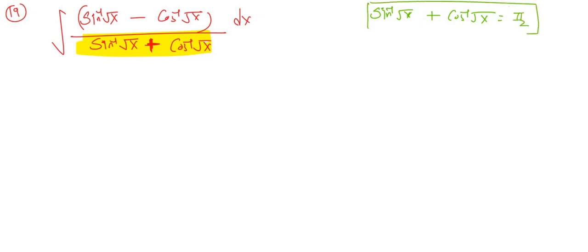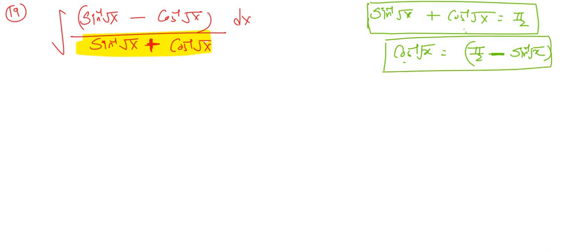This is a formula from inverse trigonometry. So I can use it here. Second thing, from here, can I write cos inverse x is pi by 2 minus sine inverse of root x? Is it fine? Okay. The cos inverse of this is equal to pi by 2 minus sine inverse of root x.